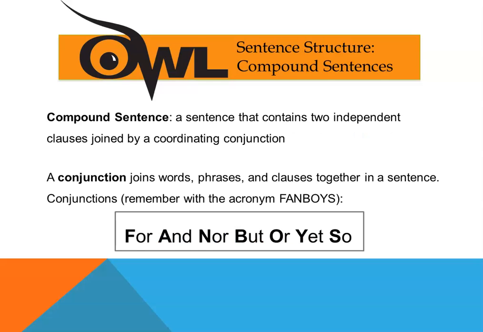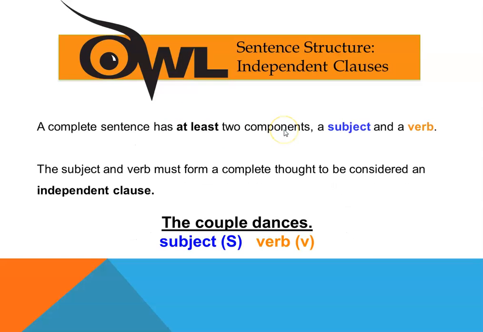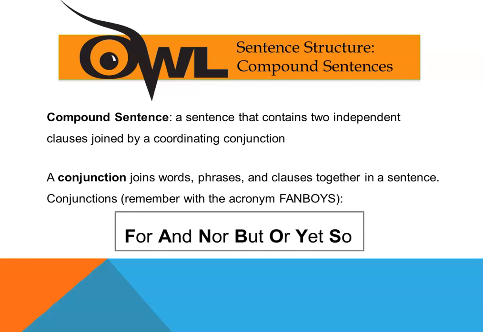We have several different types of sentences. We have simple sentences, compound sentences, complex sentences. When it comes to using conjunction words, that typically applies to what we call compound sentences. So I already explained what an independent clause is. It contains one subject and one verb. When we want to join together, let's say two of those independent clauses in one sentence, it's called a compound sentence.